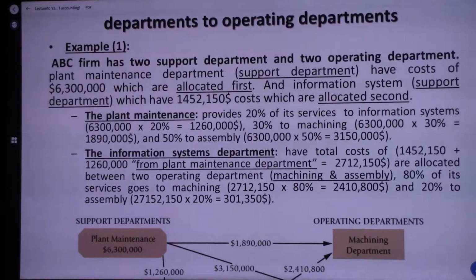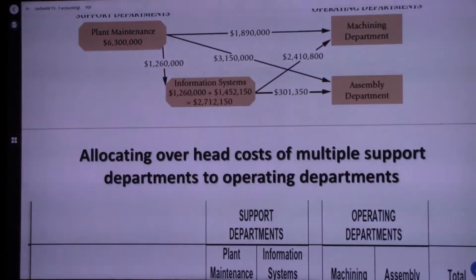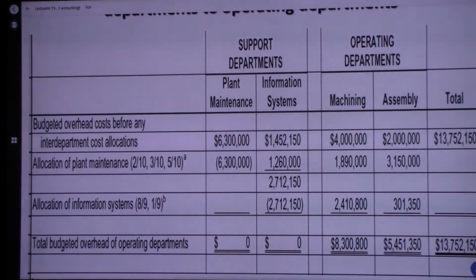The example states that the plant maintenance department is going to provide 20% of service to information system, 30% to the machining department, and 50% to the assembling department. So here I have the 4 departments: plant maintenance, information system, machining and assembly.